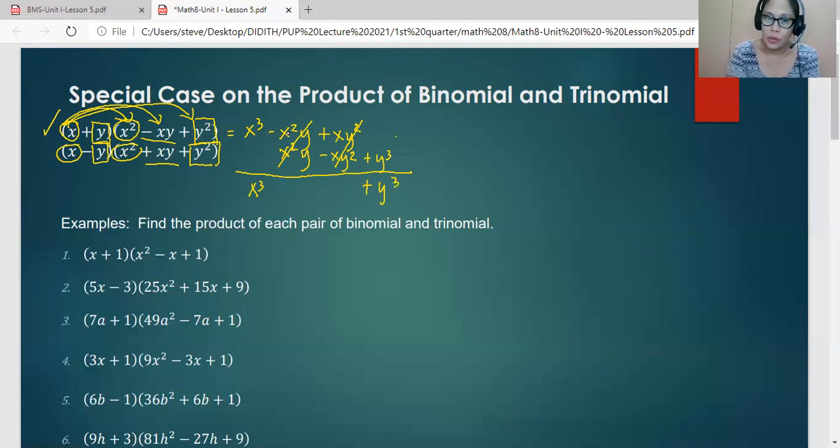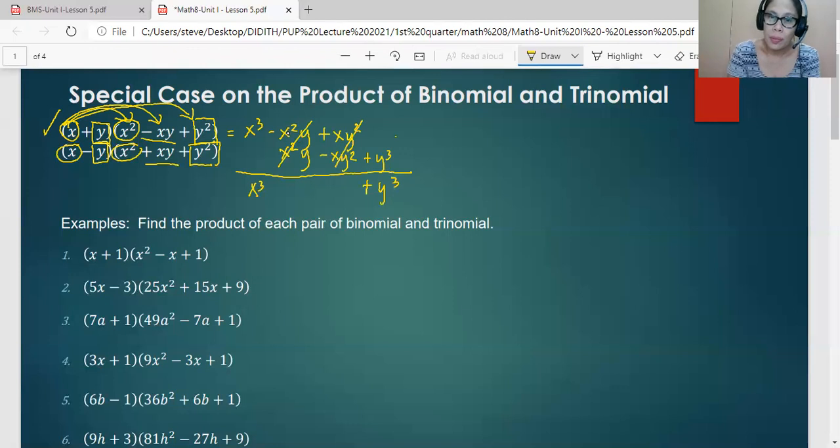So when we say x cubed, since we represent x here as the first term of the binomial factor, and if we say y cubed, since y is represented by the second term of the binomial factor, we have actually the product on the special case of binomial and trinomial is equal to the cube of the first term plus the cube of the second term of the binomial factor.